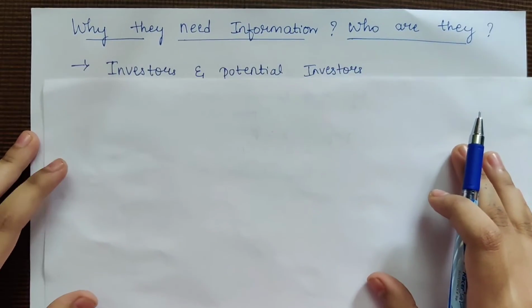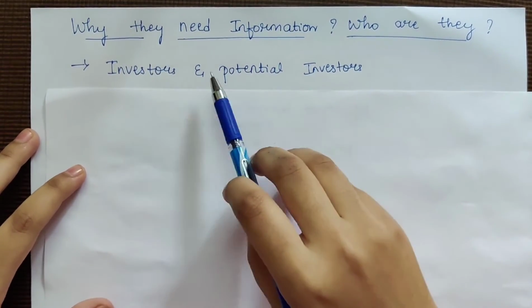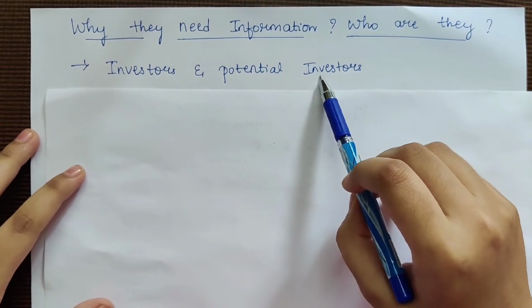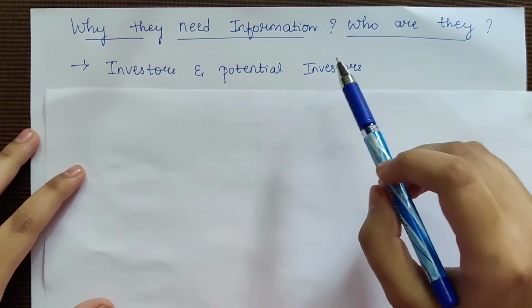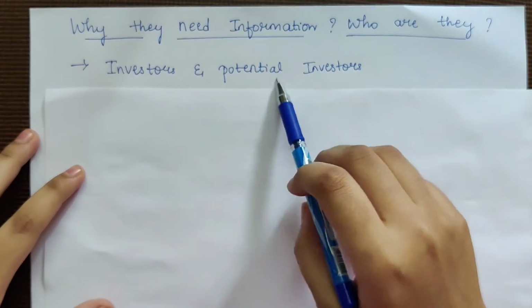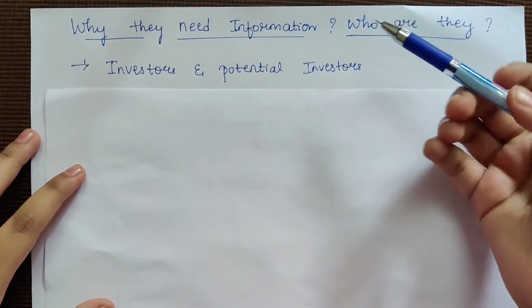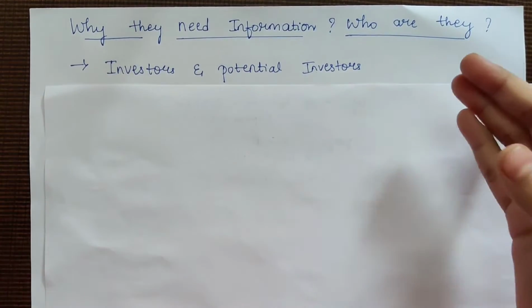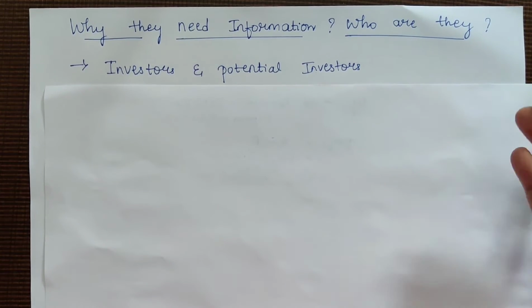So let's understand. The first one here is investors and potential investors. They need the information on the risk and return on investment, because they are the ones who will be investing in the company, and they need information to assess whether the company is making enough profits or not.